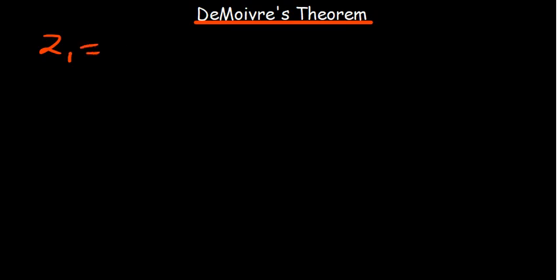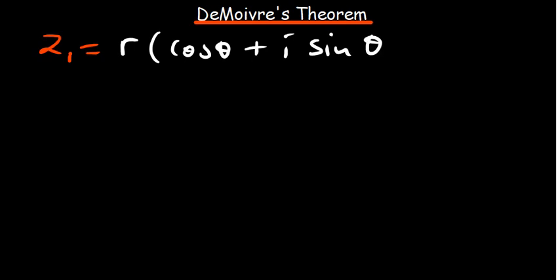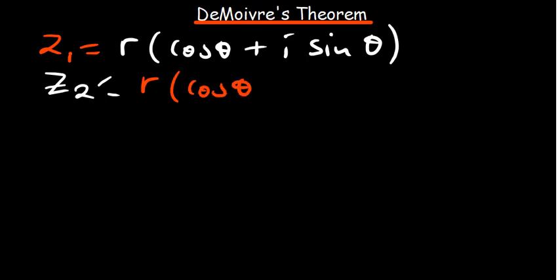In polar form, it's r times cos theta plus i sine theta. Now let z2 be the same as well. It has exactly the same form: the angle is the same and the absolute value is also the same.